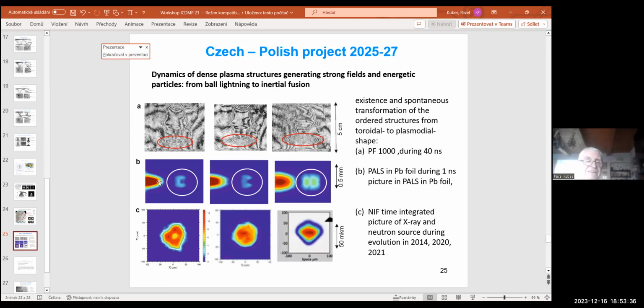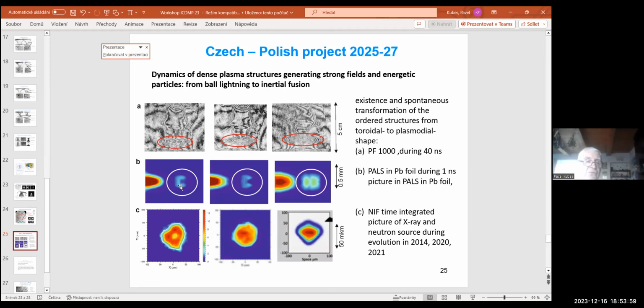The second example, similar transformation, toroidal to plasmoidal, we observe in a laser pulse when we concentrate the laser beam on the foil. In this case, it was lead.